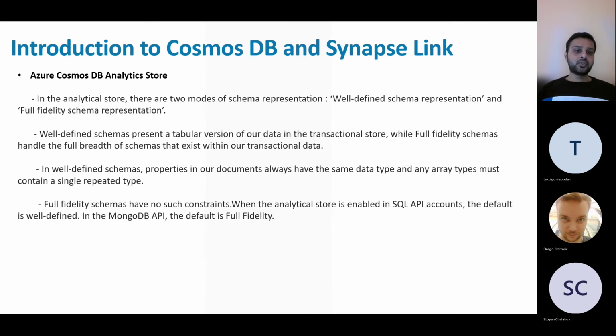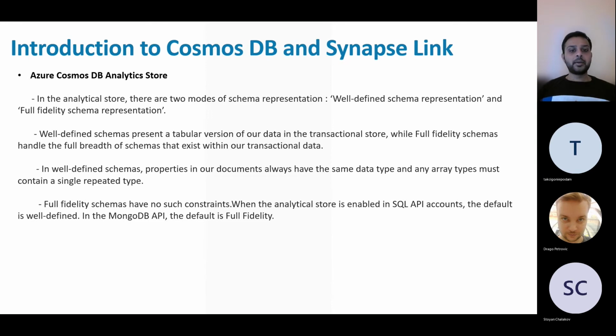In the analytical store, there are basically two types of mode for schema representation: well-defined schema and full fidelity schema. When we talk about well-defined schema, it will basically present the data in a tabular format from the transactional store. But when we look at the full fidelity schema representation, you will be able to handle the full breadth of the schema which exists in your transactional data.